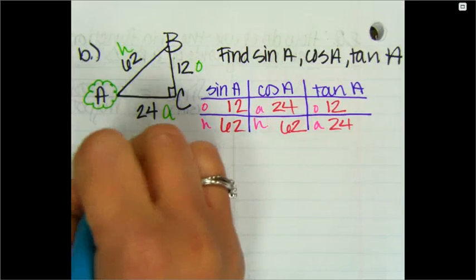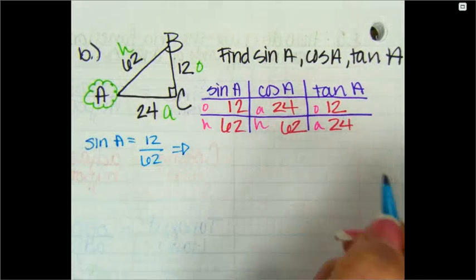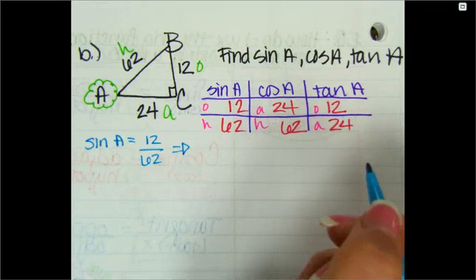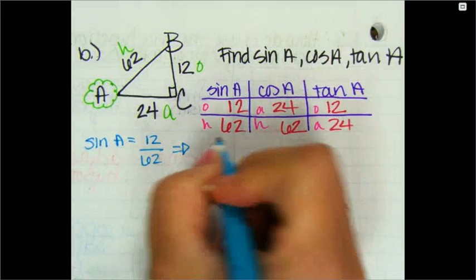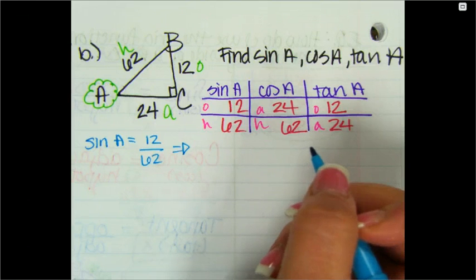Sine of A equals 12 over 62, which I have to reduce to be what? Nope. What are you dividing by first? 2. So 6 over 31.